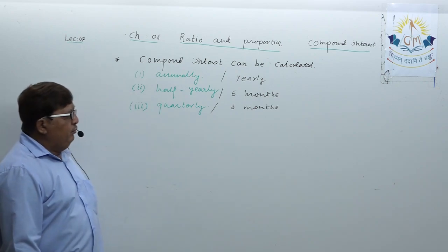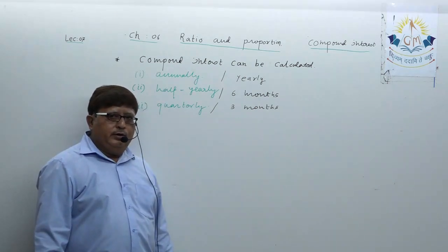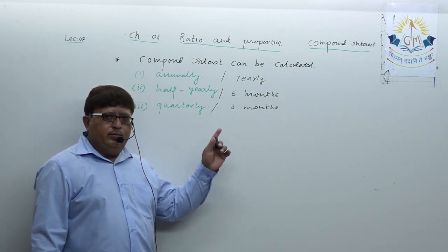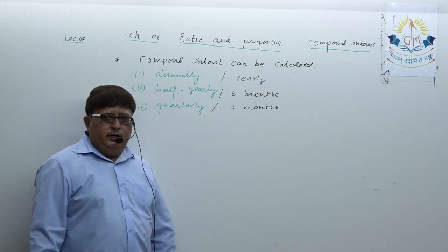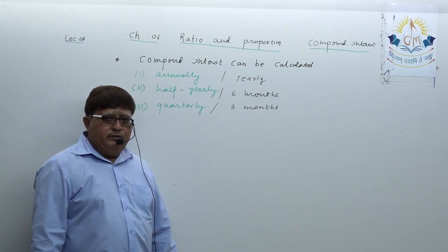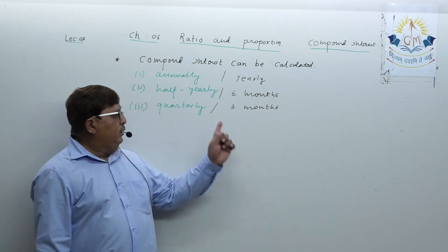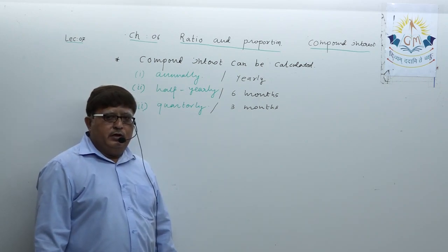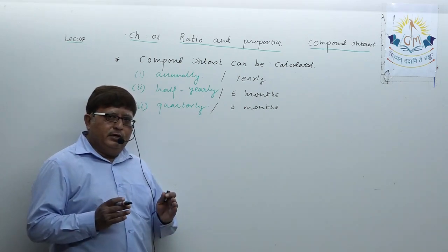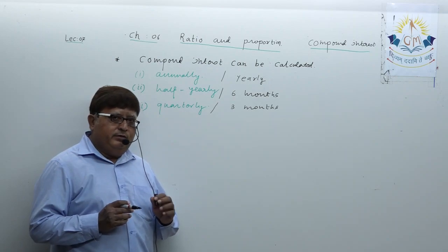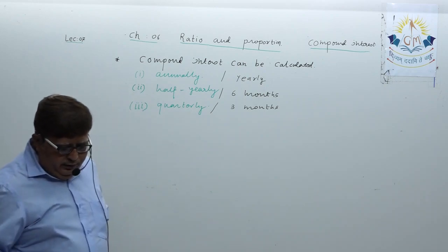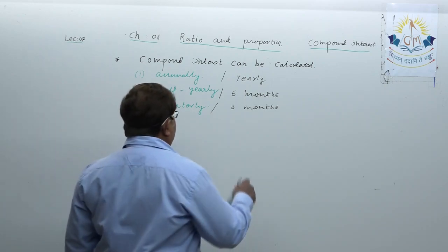We are going to solve every type of example, and when you solve different types of examples, somewhere interest is to be counted annually. What changes you have to make in the formula? Somewhere interest is counted 6 monthly or 3 monthly, and what are the necessary changes required in solving those examples?